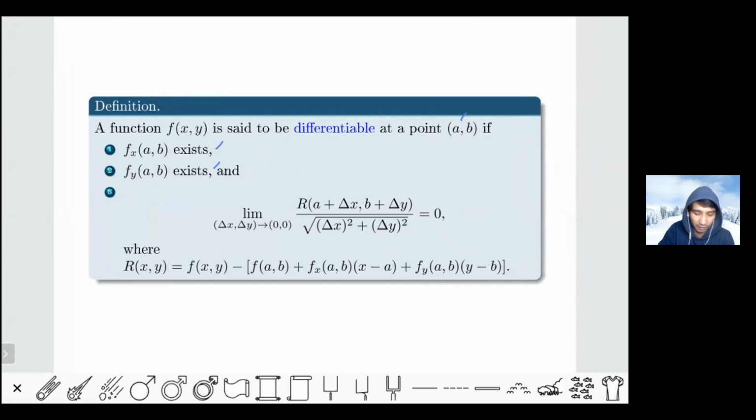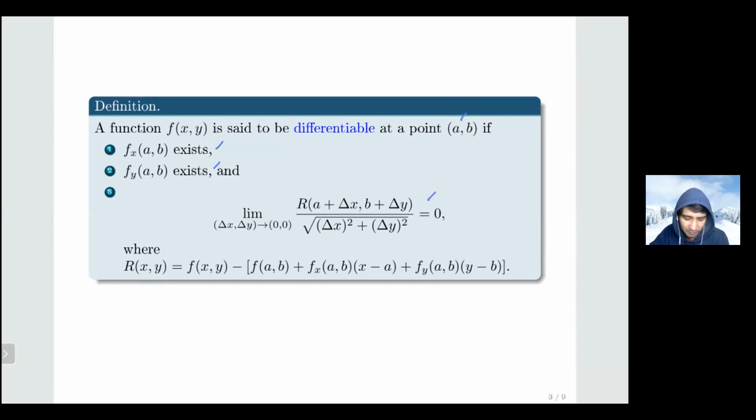Okay? There's a third condition where the limit of this mysterious limit must be equal to 0. This limit, the expression inside, pag tinignan nyo sa simula, parang ang pangit, no? But actually, kung maintindihan natin yung ibig sabihin niyan, hindi naman siya ganun kahirap.